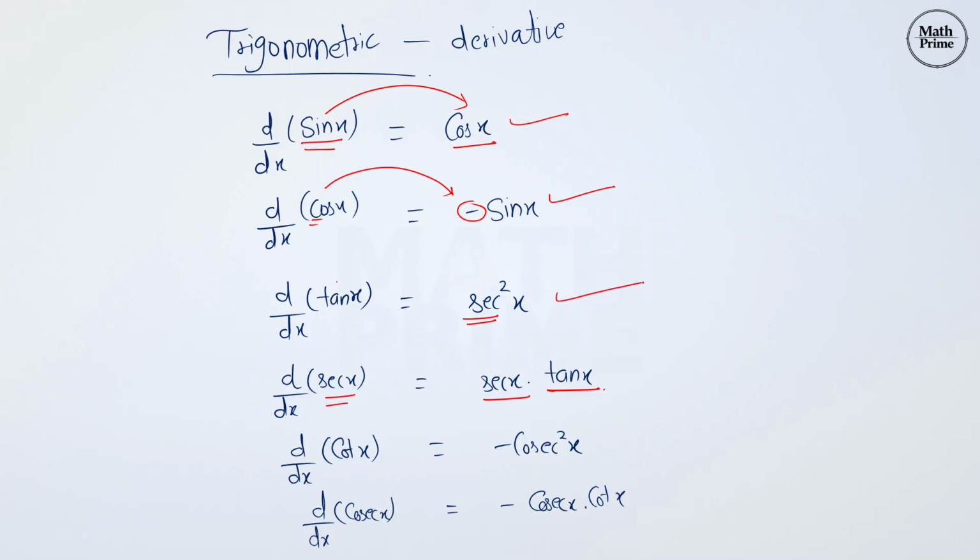Cot x is minus cosecant square x, and cosecant derivative is minus cosecant into cot x.